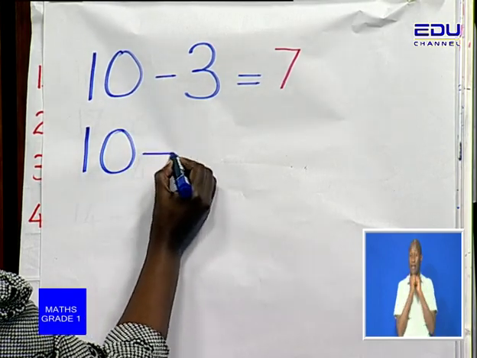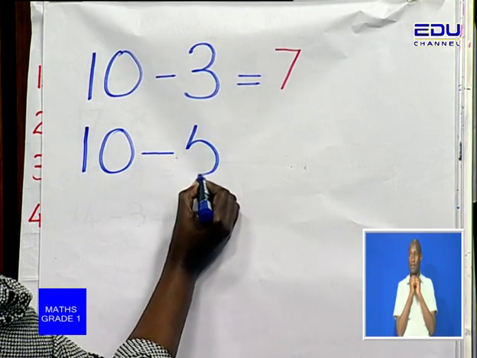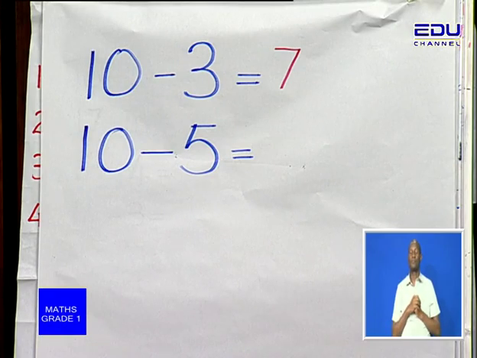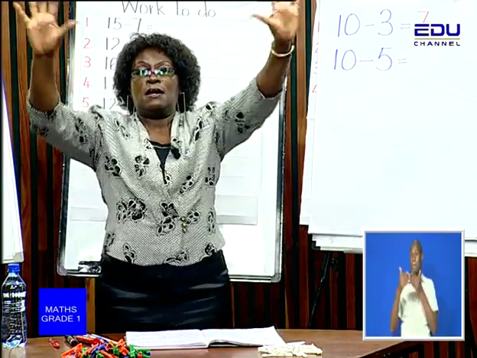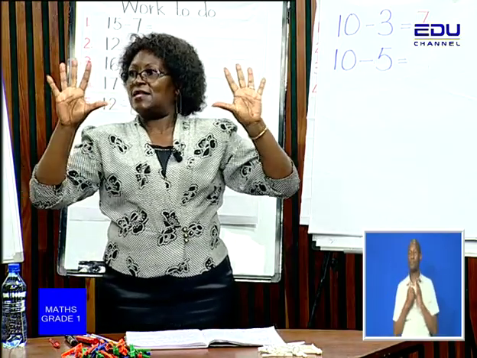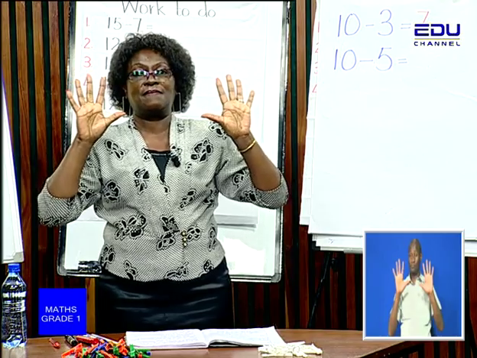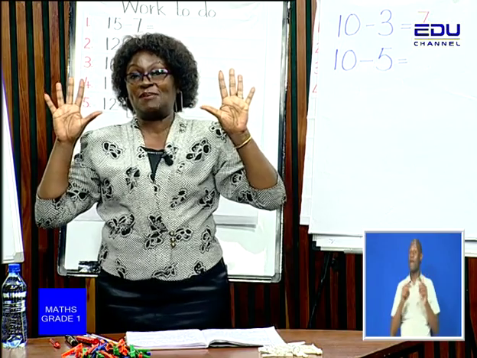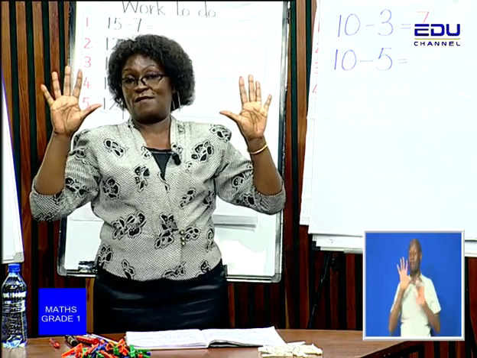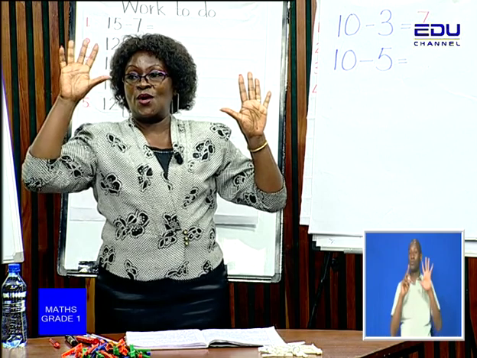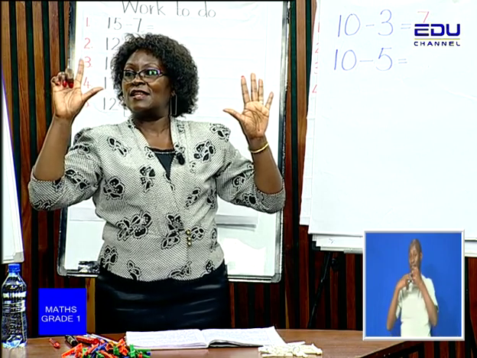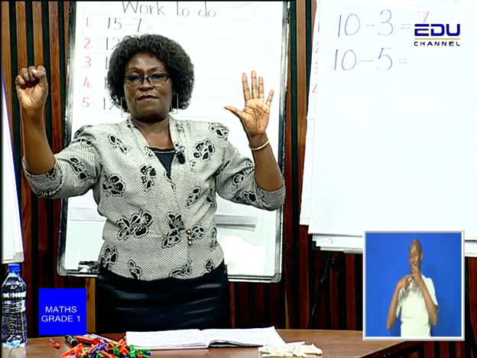Let's do another sum. 10, take away 5. We are subtracting by counting backwards. Here are my 10 fingers. I am going to count 5 steps backwards. So I'll go 9, 8, 7, 6, 5.